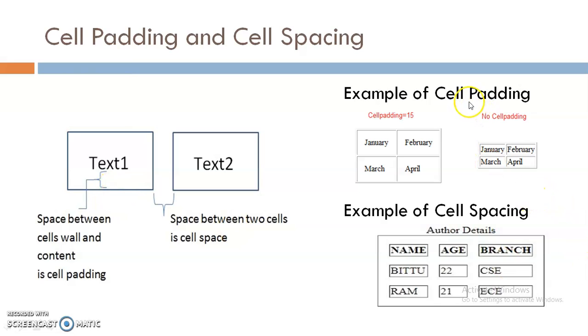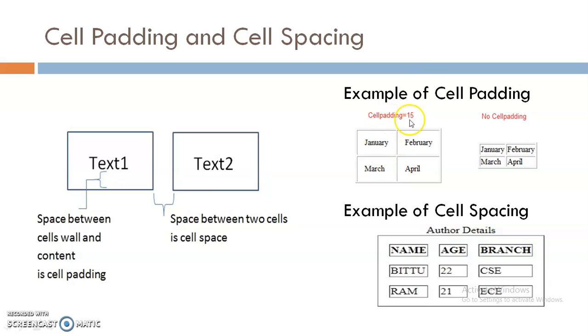Now, an example of cellpadding. Here this table shows the data without cellpadding, so it looks like this. And if we write cellpadding equal to 15, then the output of this table looks like this.